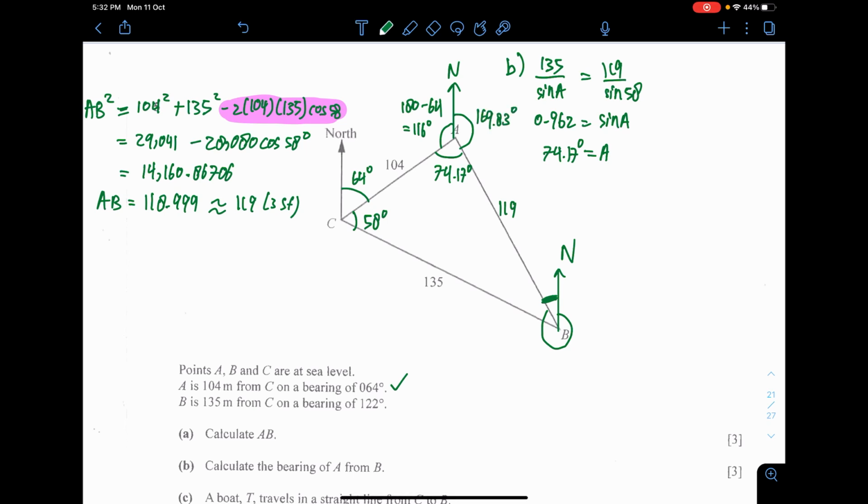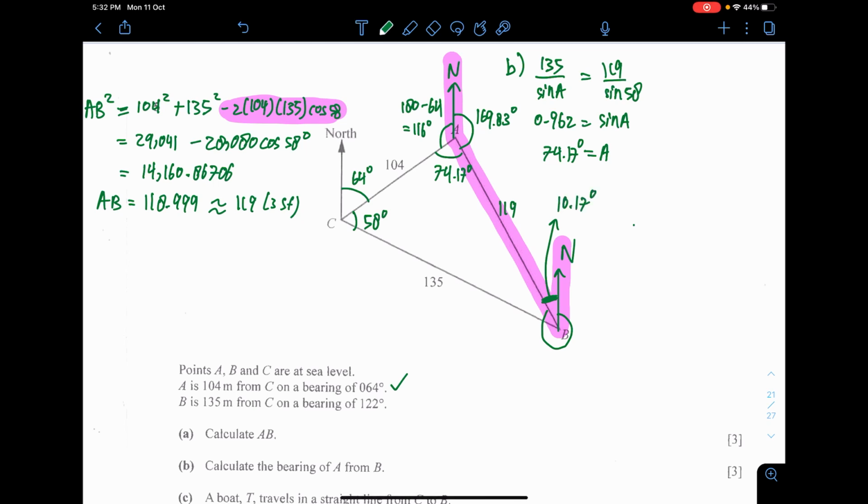Again, by another letter U. Which letter U, you might think? This one. I'm going to use the interior angle again. So the remaining angle down there is 180 minus 169.83, and you'll get 10.17 degrees.